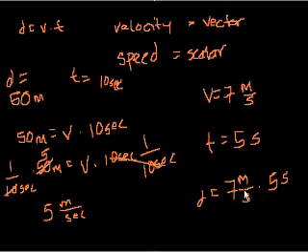And once again, not only can we multiply the numbers, 7 times 5 is 35, but we can multiply the units. So we have meters over second times seconds. You can almost treat them like variables, but they're not. They're units. So meters over seconds times seconds, well then a second in the numerator and a second in the denominator cancel out. So you're left with 35 meters. And there, not only do you have the right number, you have the right units.